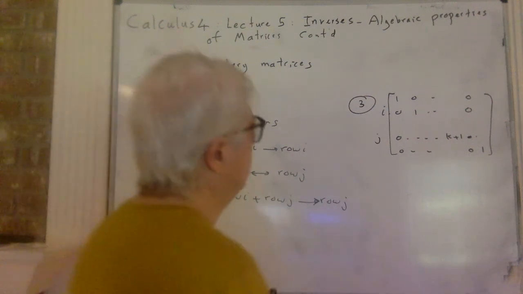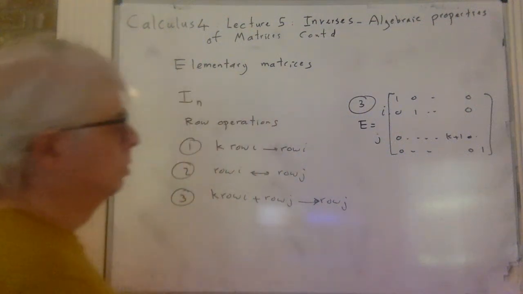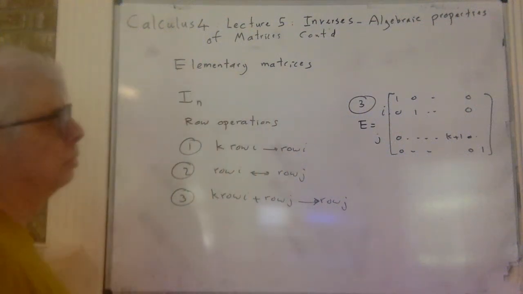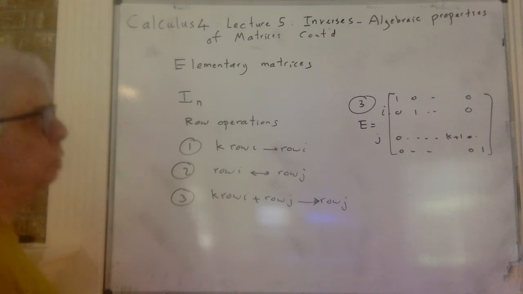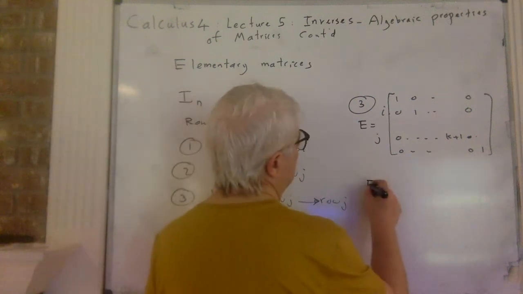So this is the E. So what do you think I should do to get E inverse, which means I multiply this by what to get I?